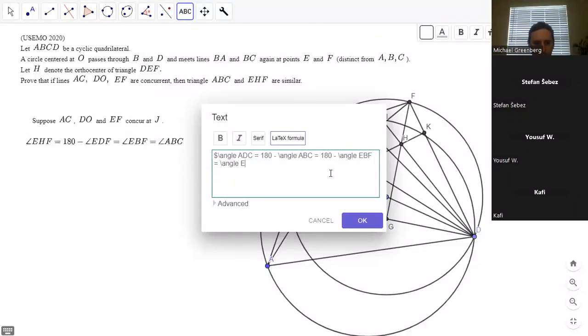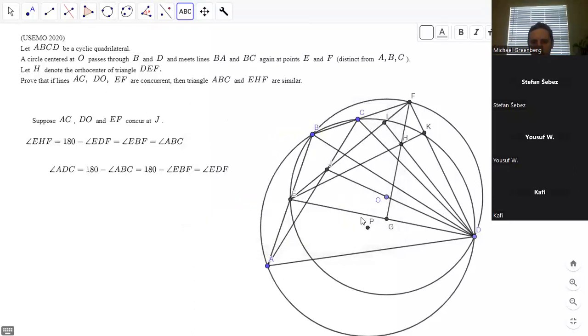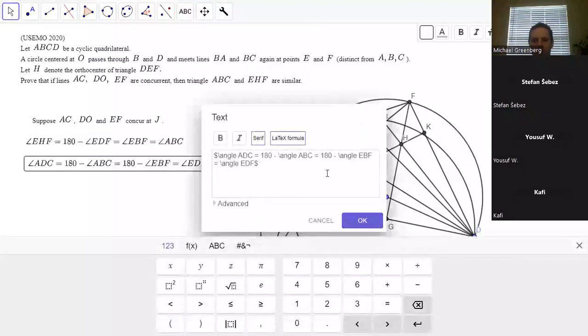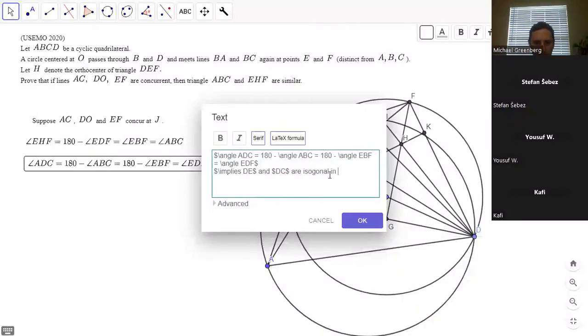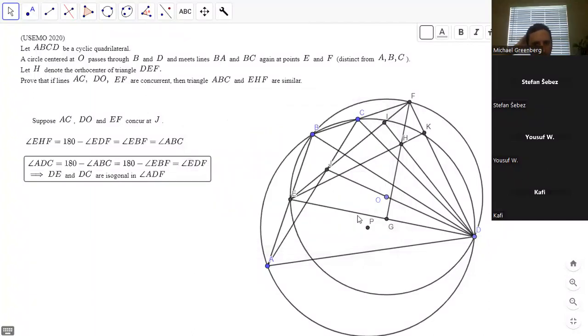So that means that DE and DC are isogonal in ADF. And then by the isogonal line lemma, that means that DJ and DB are isogonal in ADF.